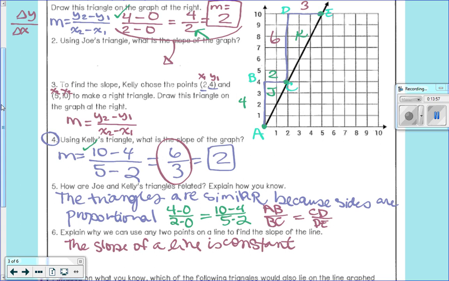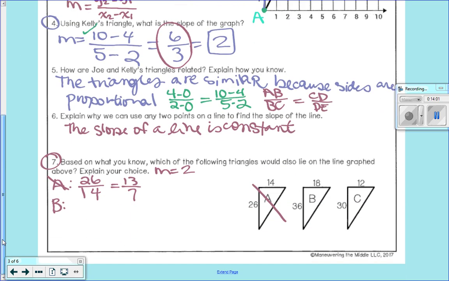Technically, it also corresponds with B's numbers, which is basically that whatever number is the X value, the Y value is going to be twice that, which corresponds with B perfectly. Absolutely. Exactly what you said. You're correct. Good, and I like how you explained that too. So 36 divided by 18 does give you a slope of 2.